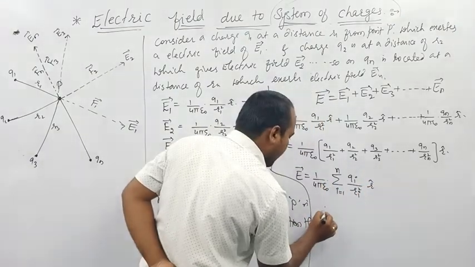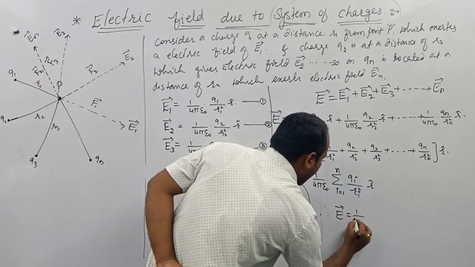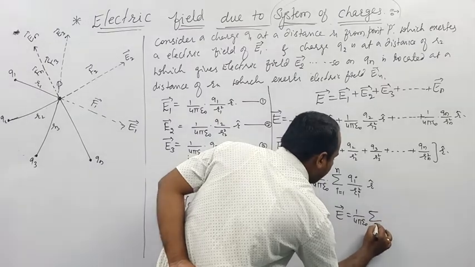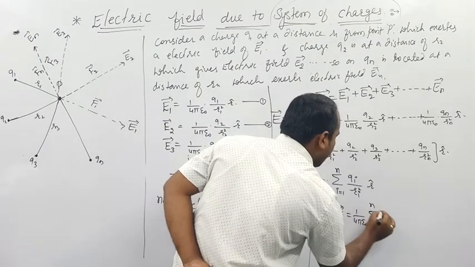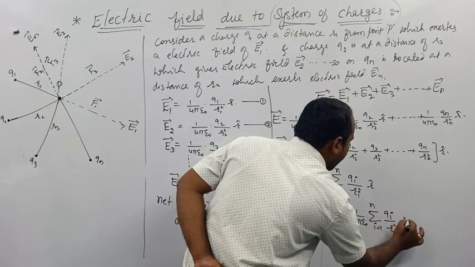Therefore the total electric field intensity is 1 by 4 pi epsilon naught summation of I is equal to 1 to n, Qi upon Ri square into R cap.